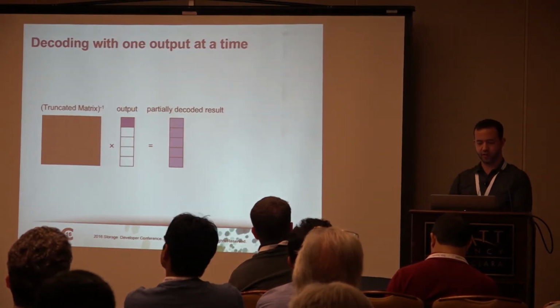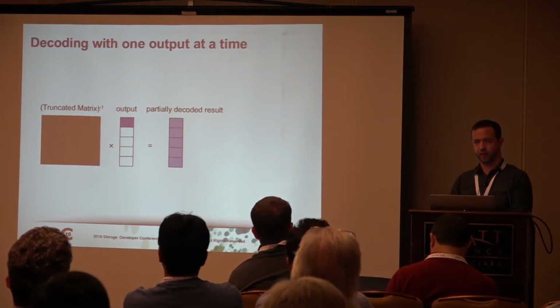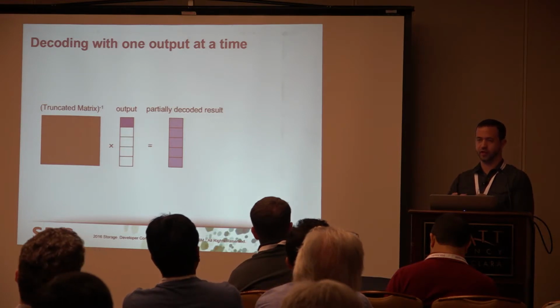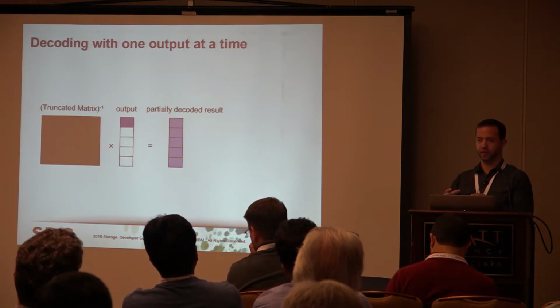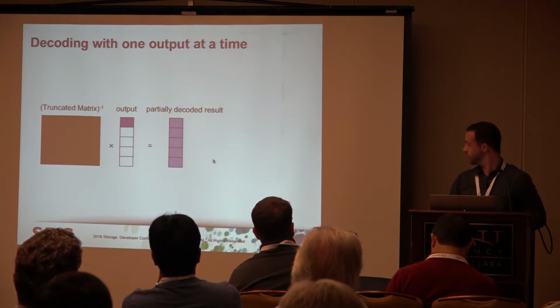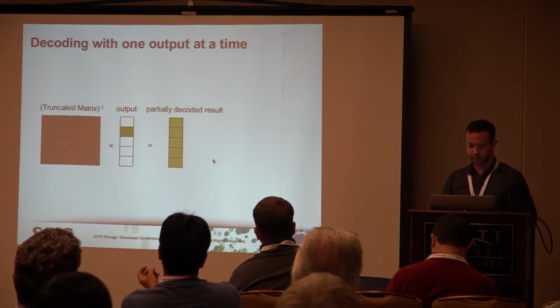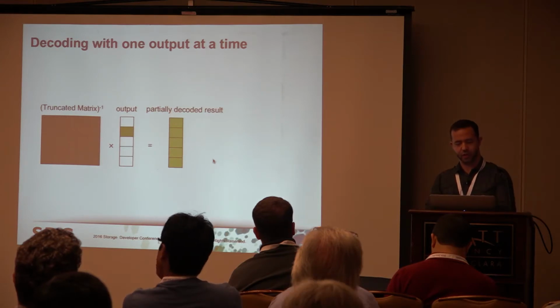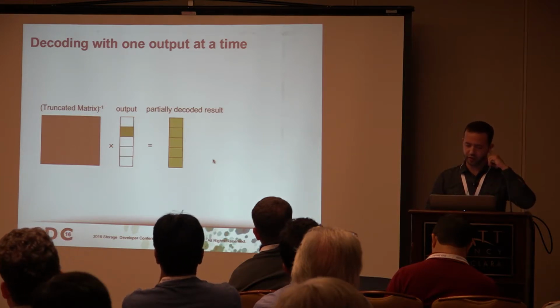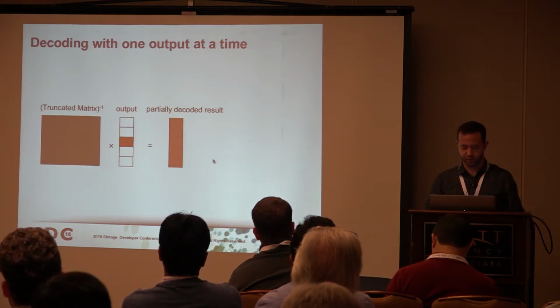So if we take just one of the outputs, multiply by the inverse of the truncated matrix, we get this result. It's not quite the data, it's like a fraction of the data. And we can do this with each one of the outputs. So if we use a different output, and again, it'll be in a different position in this array, we'll get a different partially decoded result, and so on.